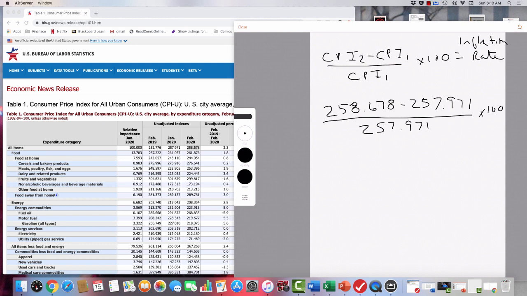So I'm going to use my calculator here. 258.678 minus 257.971 gives me 0.707 divided by 257.971.